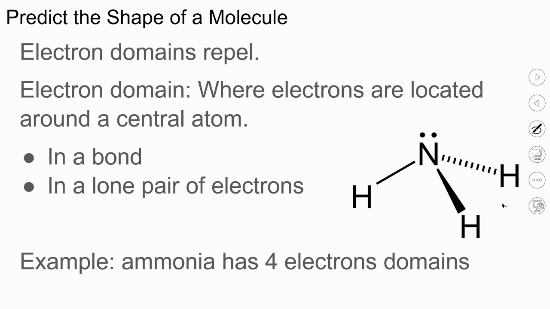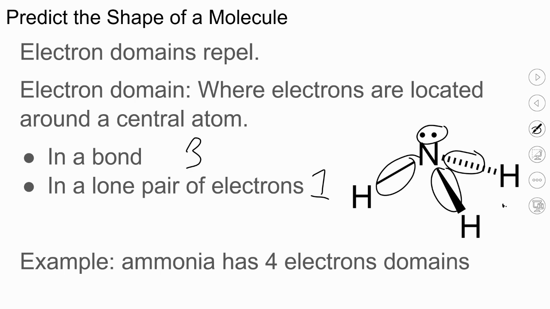So how many total electron domains does ammonia have? It has 3 in bonds, 1 in a lone pair. How many total? 4. So this counts as 1 electron domain, 2, 3, 4. When we look at the electron pair geometry, we look for something with 4 groups, 4 electron-dense areas, 4 electron domains.